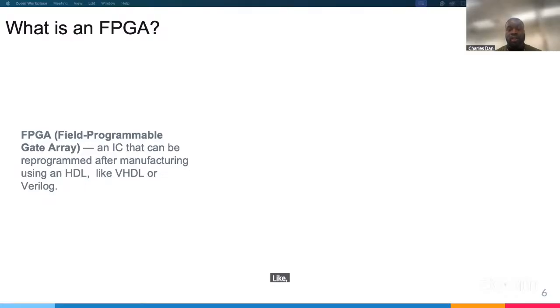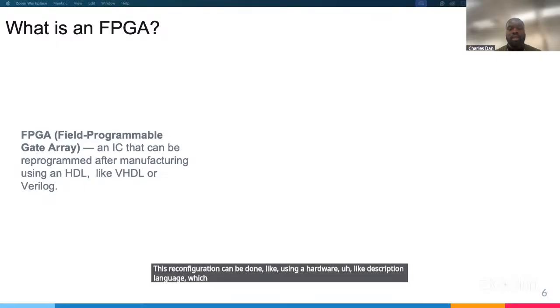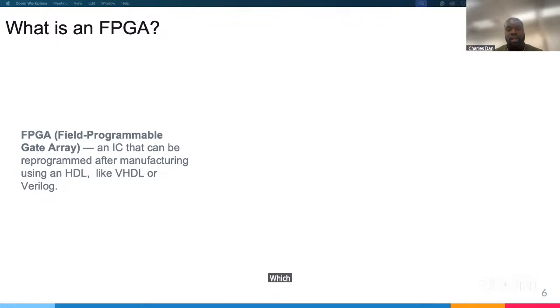The hardware can actually be reconfigured, and this reconfiguration can be done using a hardware description language, which can be either VHDL or Verilog. Those are the two languages that we normally use.